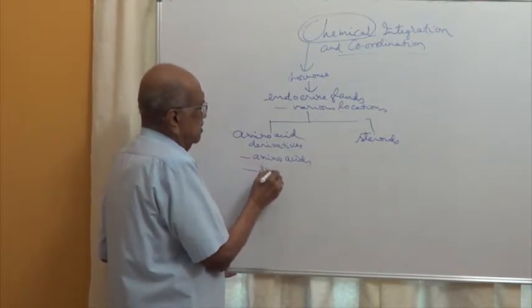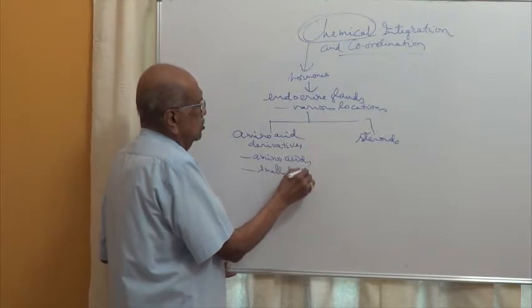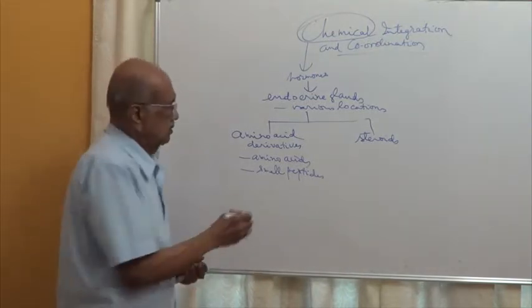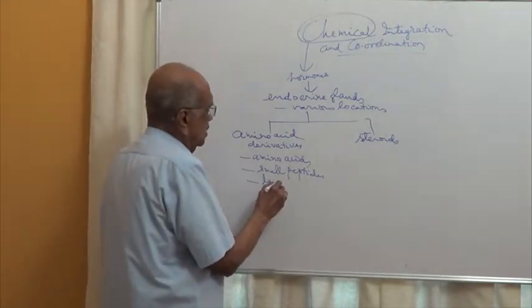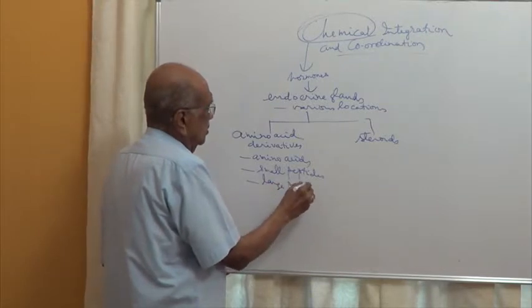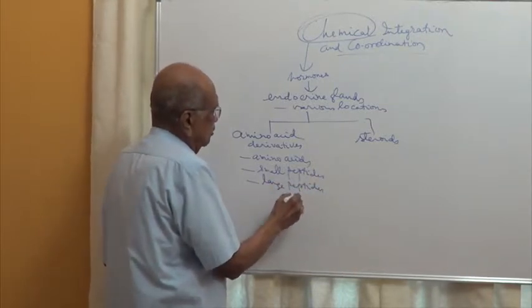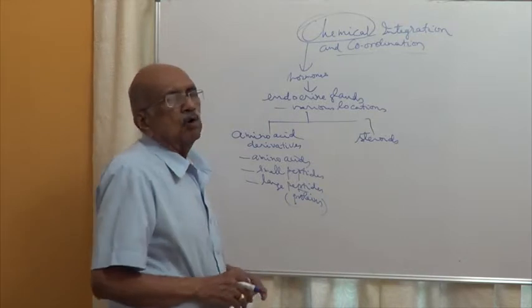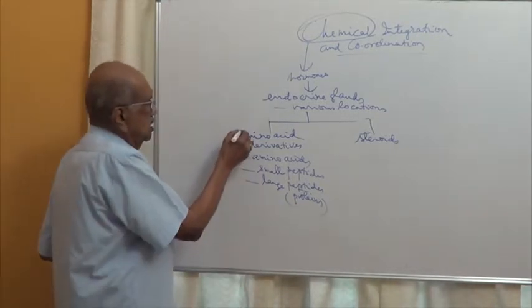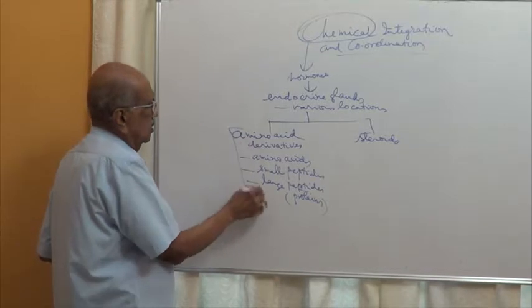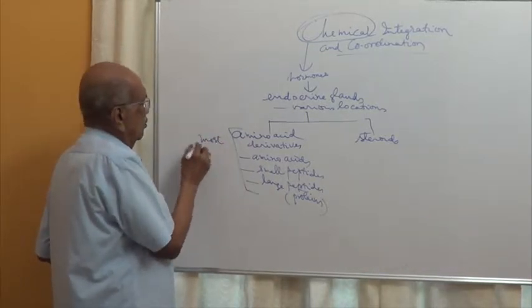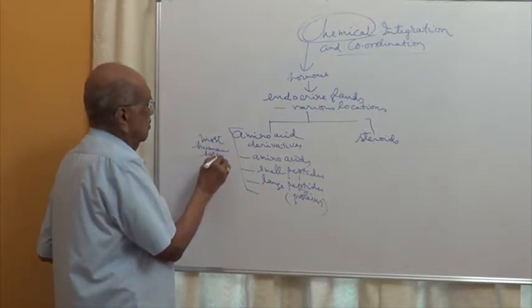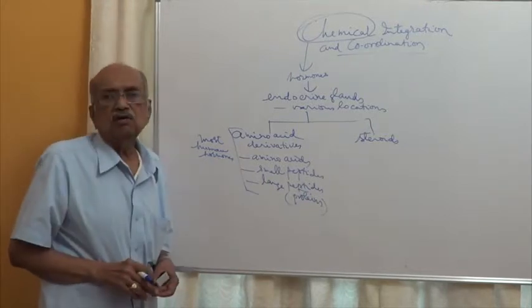They can be small peptides composed of a few amino acids joined together by peptide bonds. They can be large peptides, which we very often distinguish as protein. Most hormones made in the body are this. Most human hormones are amino acid derived.